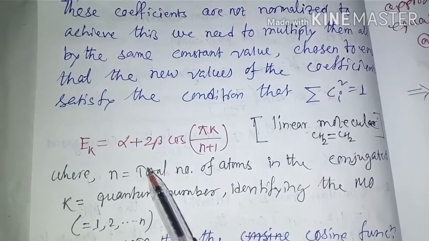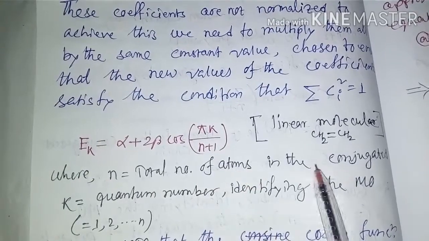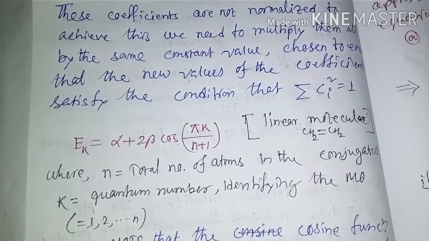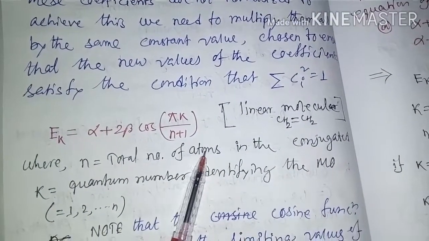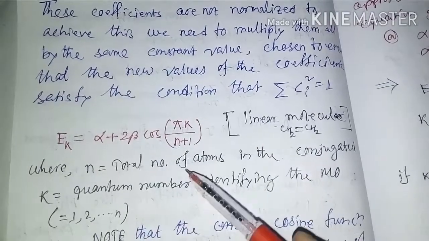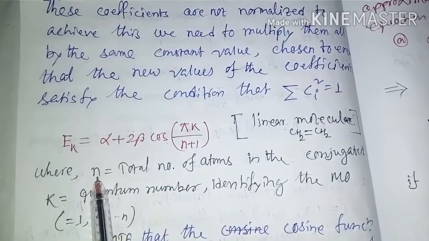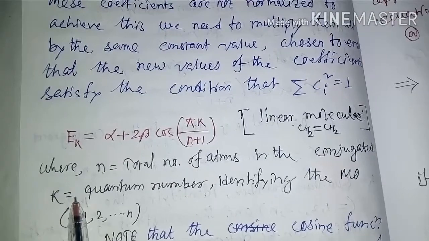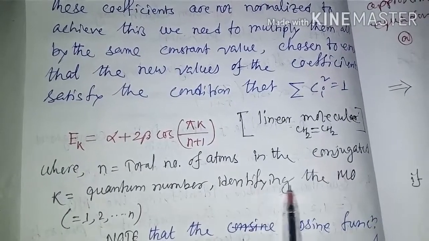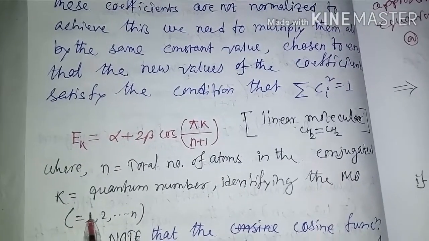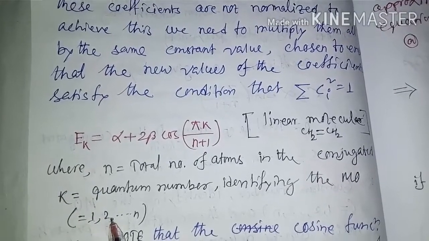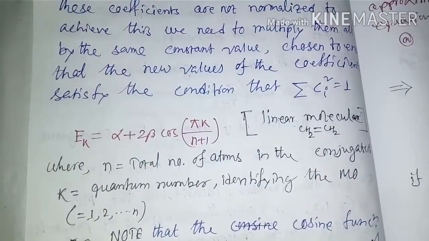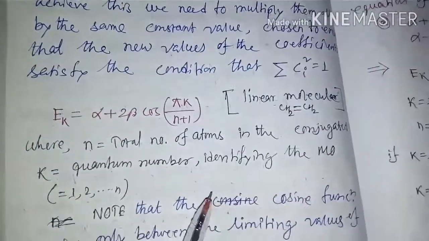Here n equal to what? N equal to the total number of atoms in the conjugated system, that means the carbon atoms. How many carbon atoms, this n. Understood? Now k, this k value is the quantum number identifying the MO. That means k value you can consider 1, 2, and so on. 1, 2, 3, 4 like this you can consider.